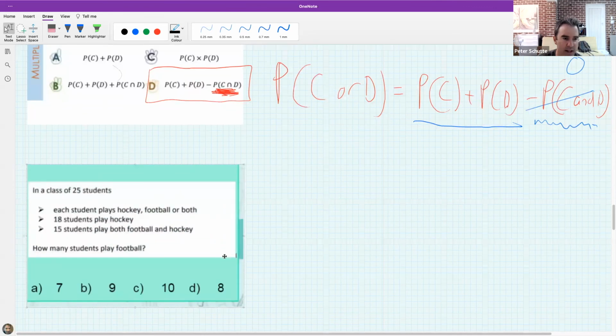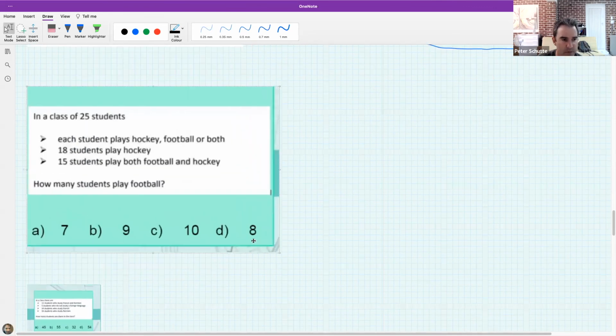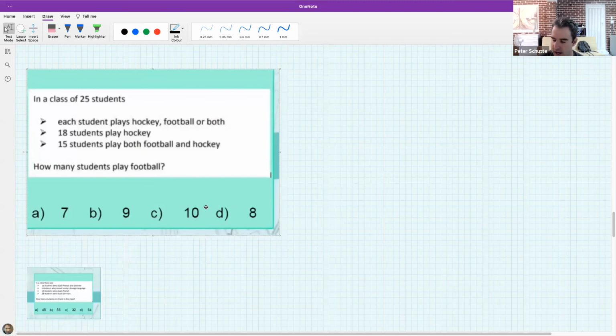Let's finish with a more realistic question for now. Or almost finished. I want to know how many students play football in this scenario. A, B, C, or D. We're down to our last bit of the lesson now.